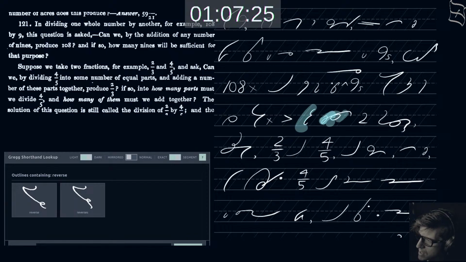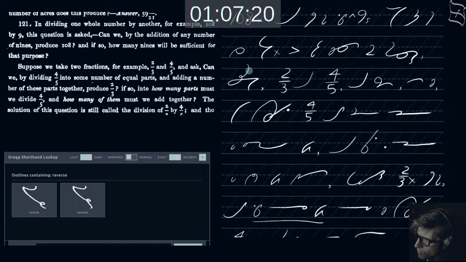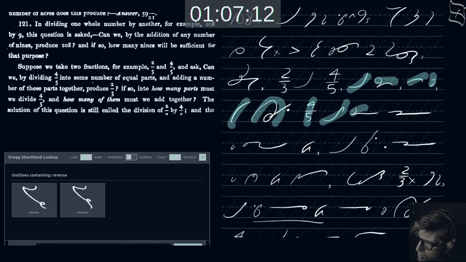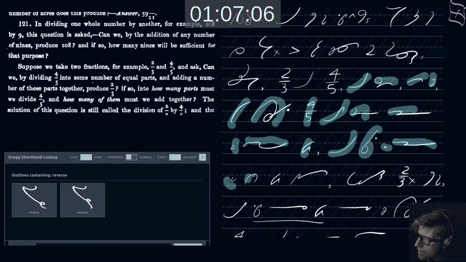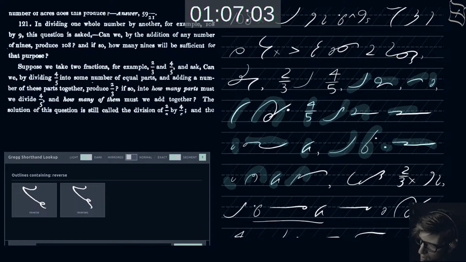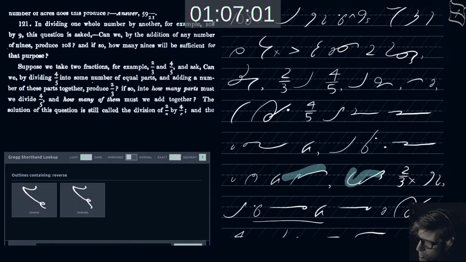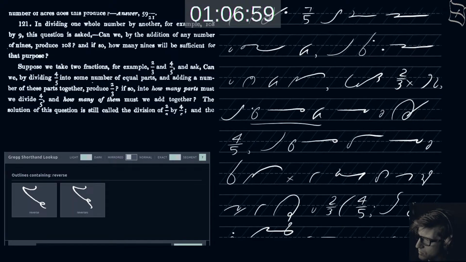Suppose we take two fractions, for example, 2/3 and 4/5, and ask, can we, by dividing 4/5 into some number of equal parts and adding a number of these parts together, produce 2/3?